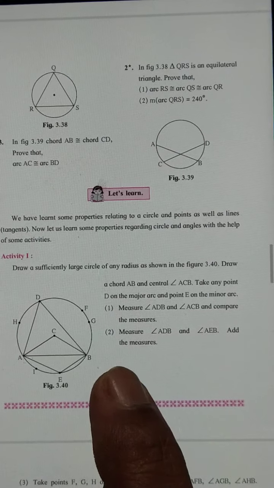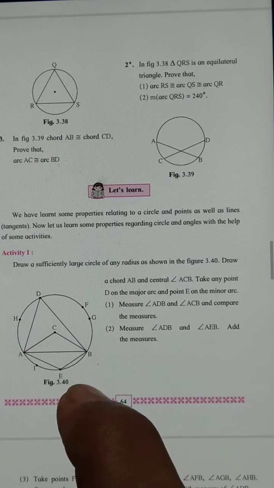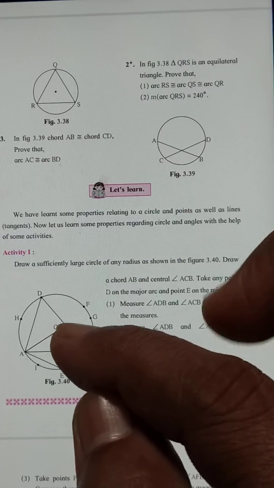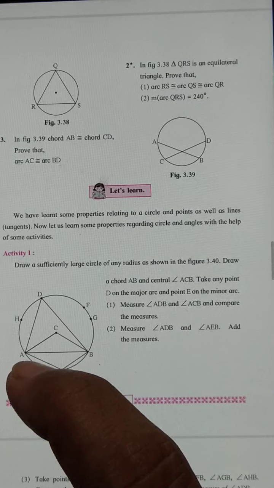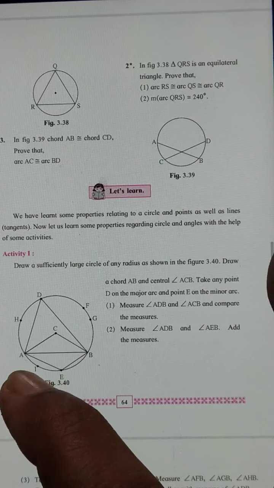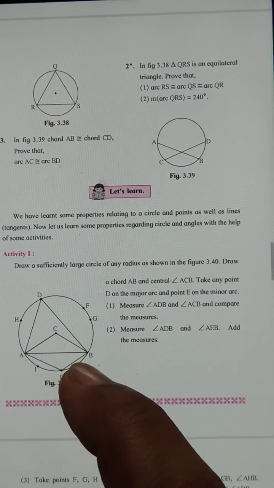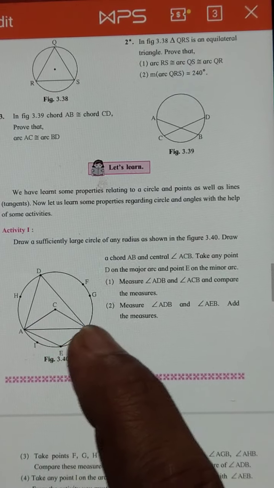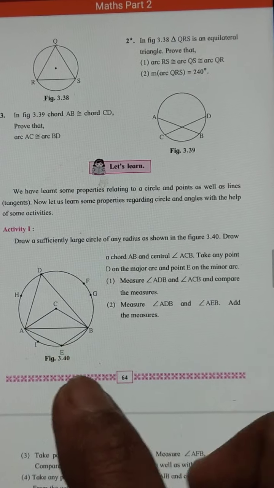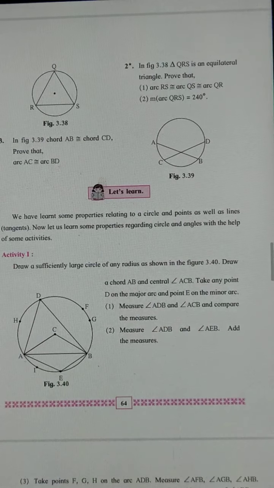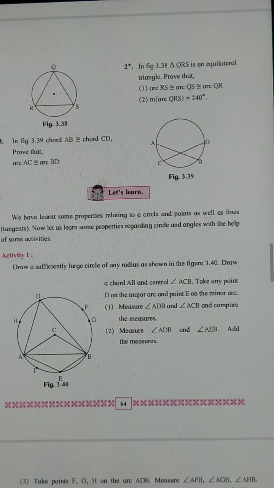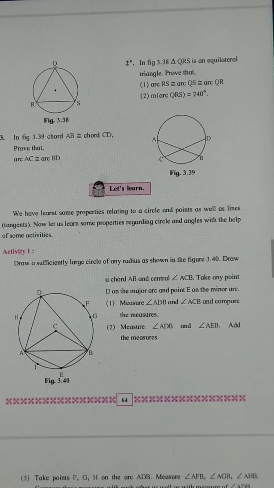You will find here, measure of angle ACB, means measure of central angle, is twice of the inscribed angle ADB. Okay.